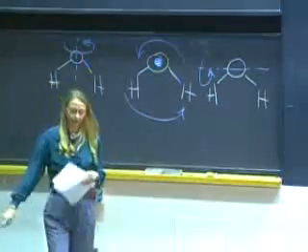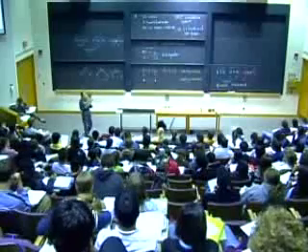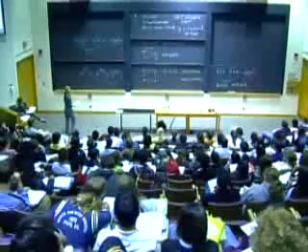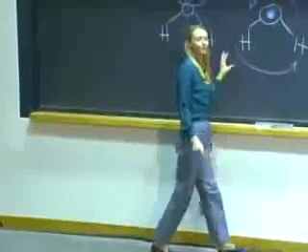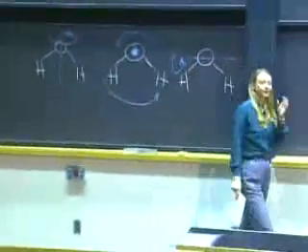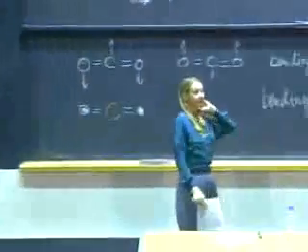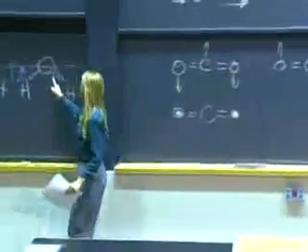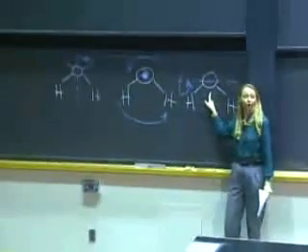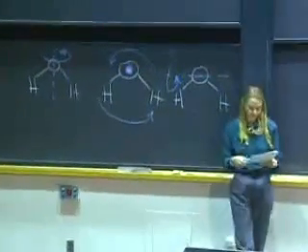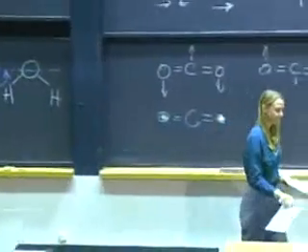This one requires me to do some flips, which I'm also not going to do. But each one of these modes has a different frequency, a different energy. And you can see we got three of them now because we no longer have a linear molecule.